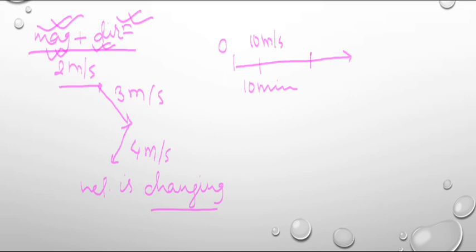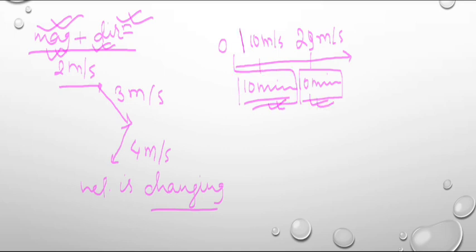And after the next 10 minutes, it became around 29 meter per second. And here, students, you can see that the change in time is constant. Change in time is always 10 minutes over here as well. But the change in magnitude is different. It increased by plus 10, but here it increased by plus 19 meter per second.